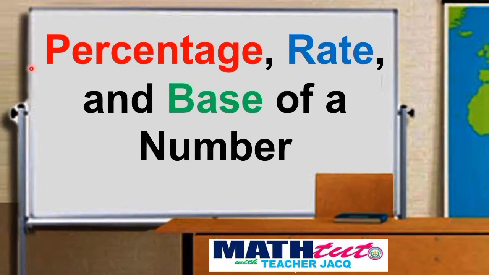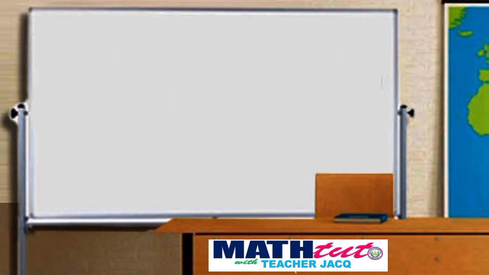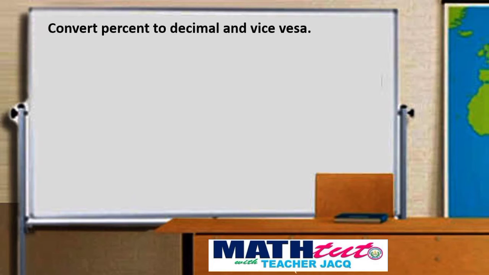Our topic for today is about percentage, rate, and base of a number. Before we proceed on our discussion, let's have a drill first on converting percent to decimal and vice versa. So, convert 60% into decimal.